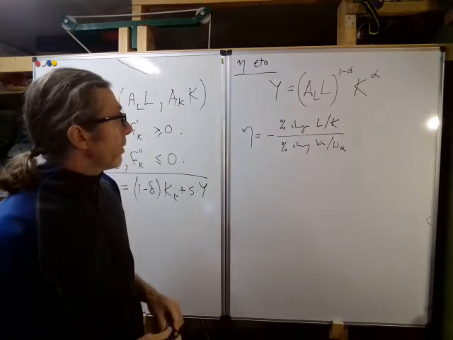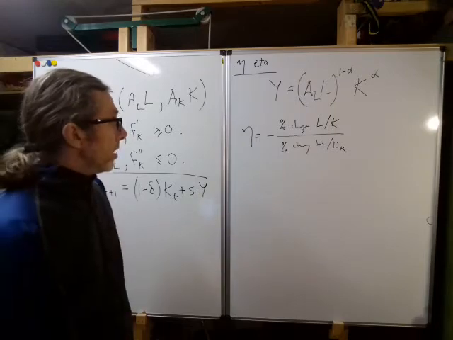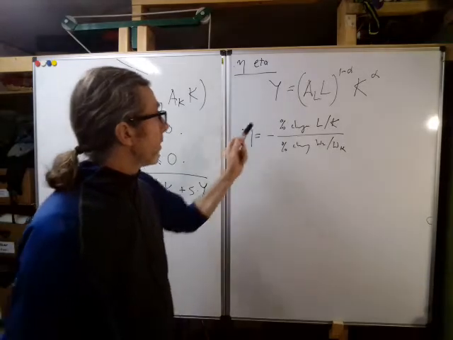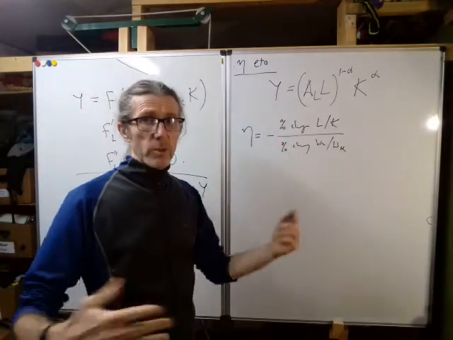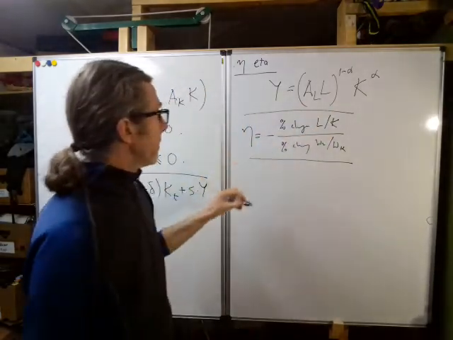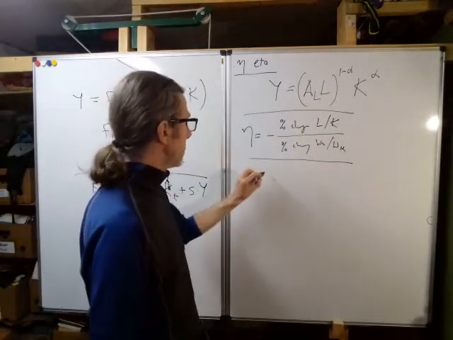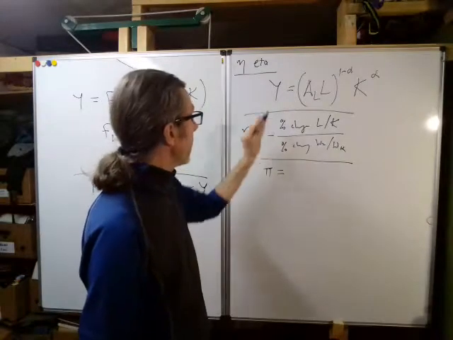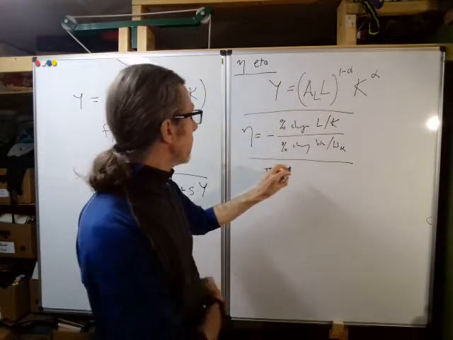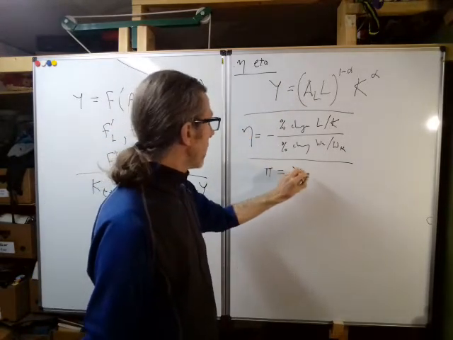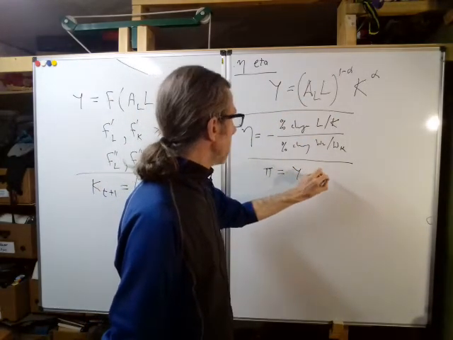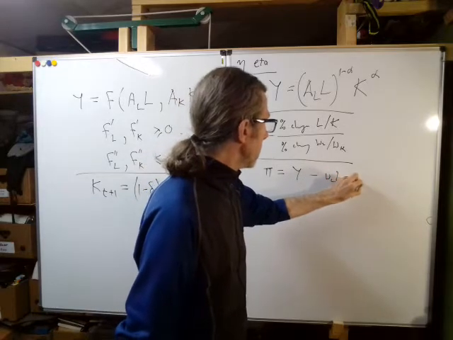yeah. Okay, so how would we work that out? Well, we would work out the prices, wouldn't we? And we need perfect competition. We need to assume perfect competition, yeah, for this method to make any sense. But assuming perfect competition, we can say that pi of some producer of this, that we can normalize the price of this to 1, and we can say pi is y, which is just this, minus WLL minus WKK.